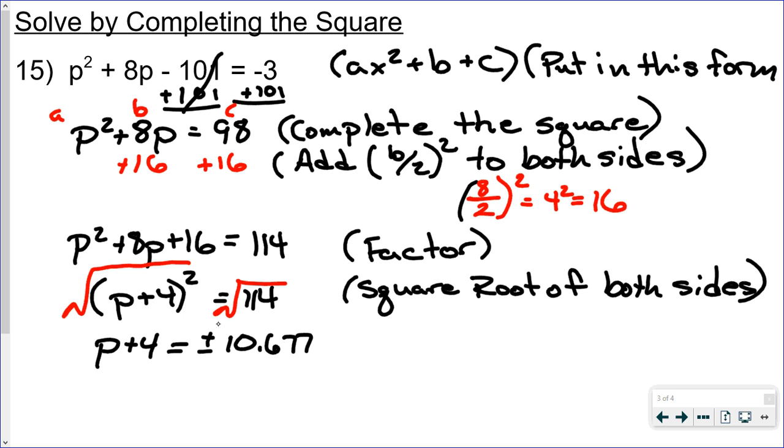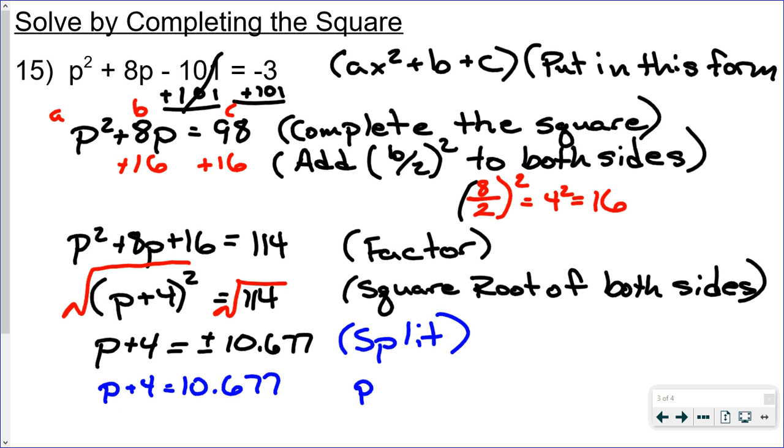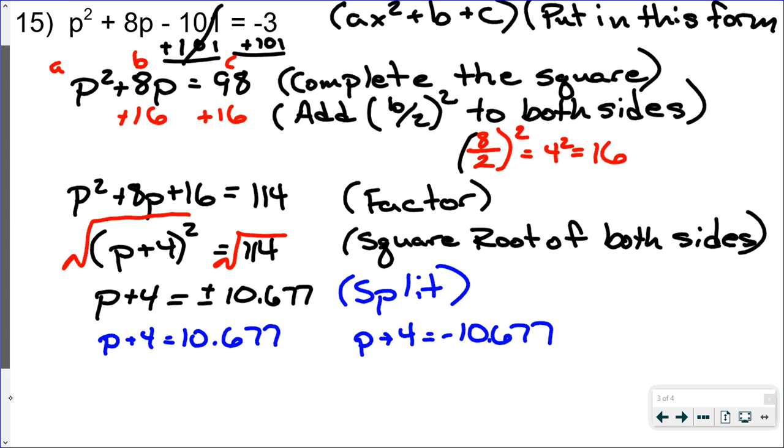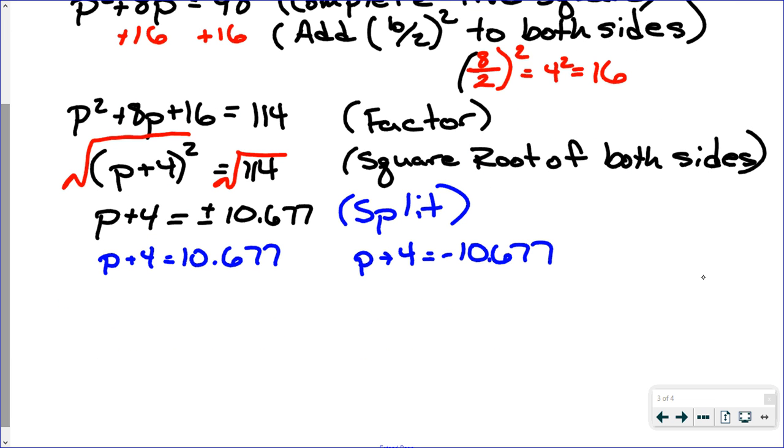All right, now I'm going to split this. And so I have p plus 4 equals positive 10.677, and p plus 4 equals negative 10.677. And now we're going to solve these.